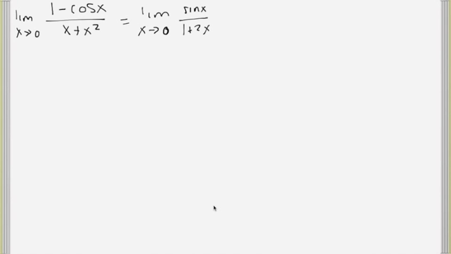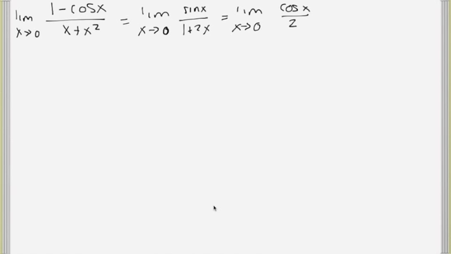So then their next step of the work says that this is equal to the limit as x goes to 0, cosine of x over 2. Have they made any mistakes now? That looks right, but they did make a mistake. What mistake did they make? They can end at sine x over 1 plus 2x.